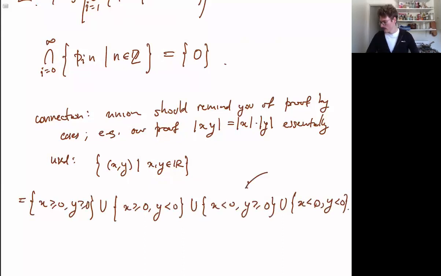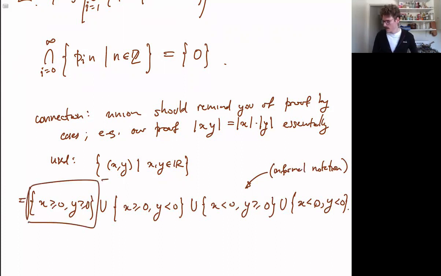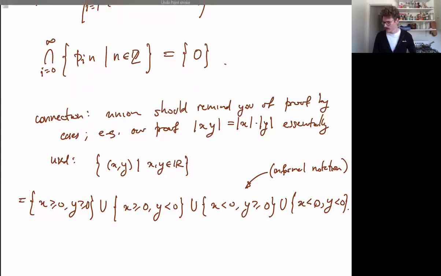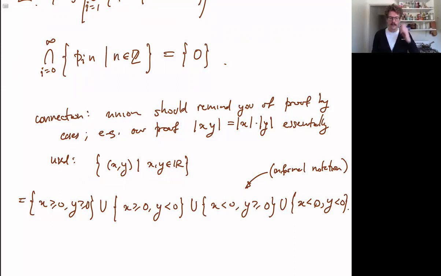Just to be clear about what I'm writing, I'm using a little bit of informal notation here. This is not a full set-builder notation or anything. I'm just writing this to be understood as subsets of these satisfying some conditions. So remember this proof, we broke it up into 4 cases, and we claimed that proving it in those 4 cases proved it in general.